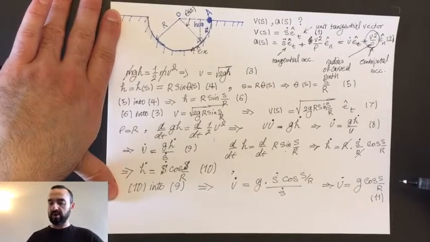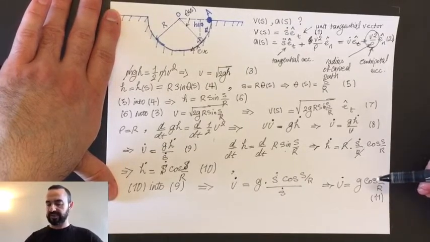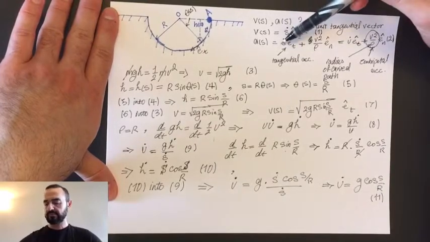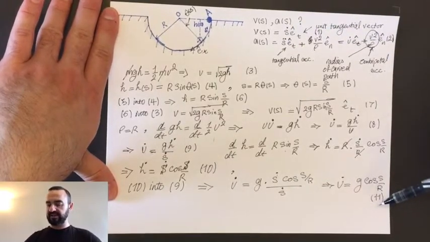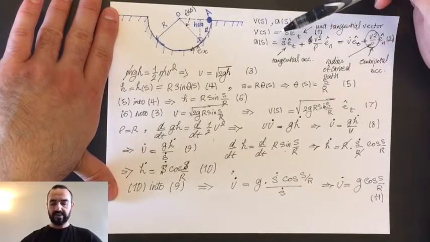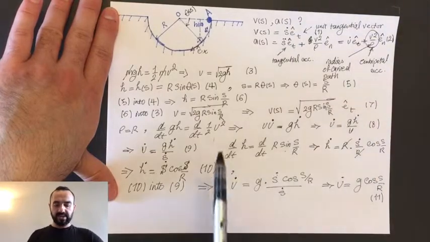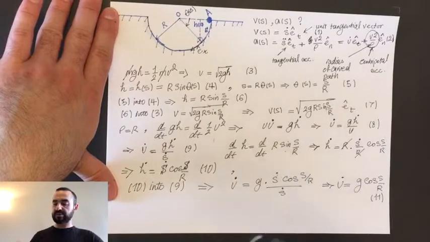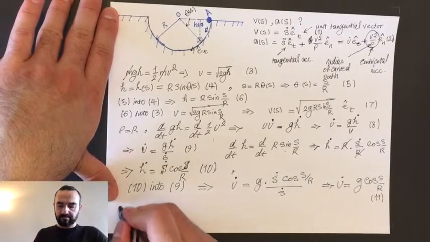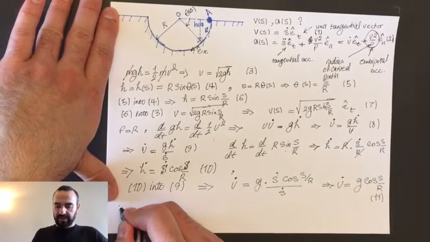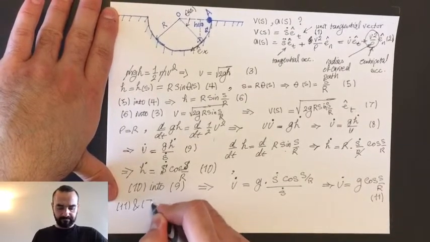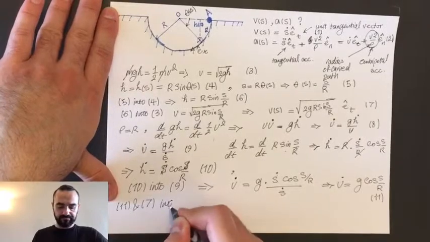All right, now we have all the terms we need. If you look at the general form of acceleration in equation 2, we need to substitute 11 and 7 into 2 to compute acceleration. So we have 11 and 7 into 2.